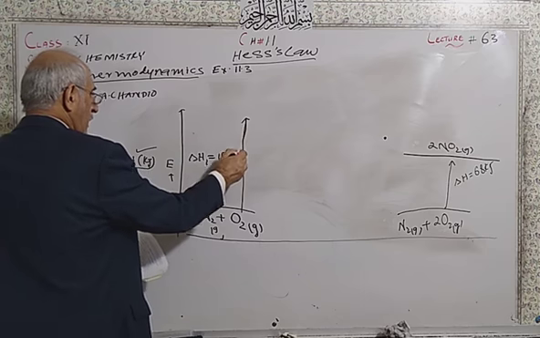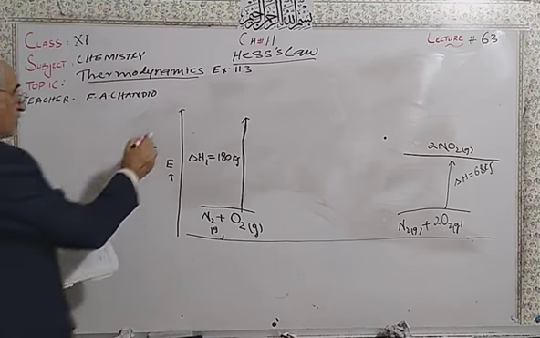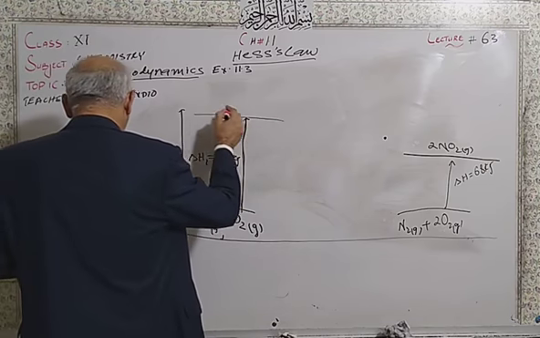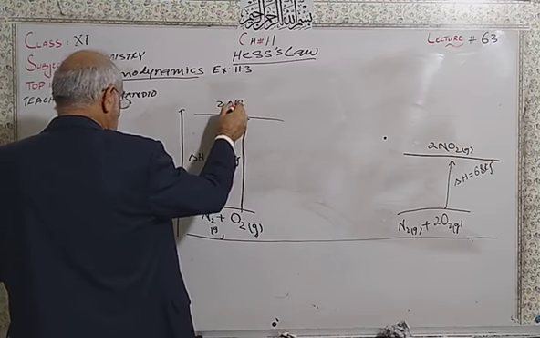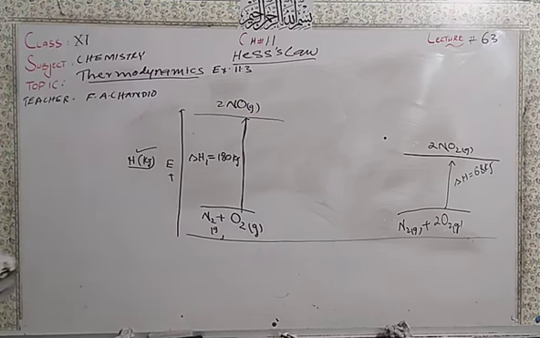That's why a higher amount of energy is absorbed, and you are getting 2 moles of nitric oxide or nitrogen monoxide.